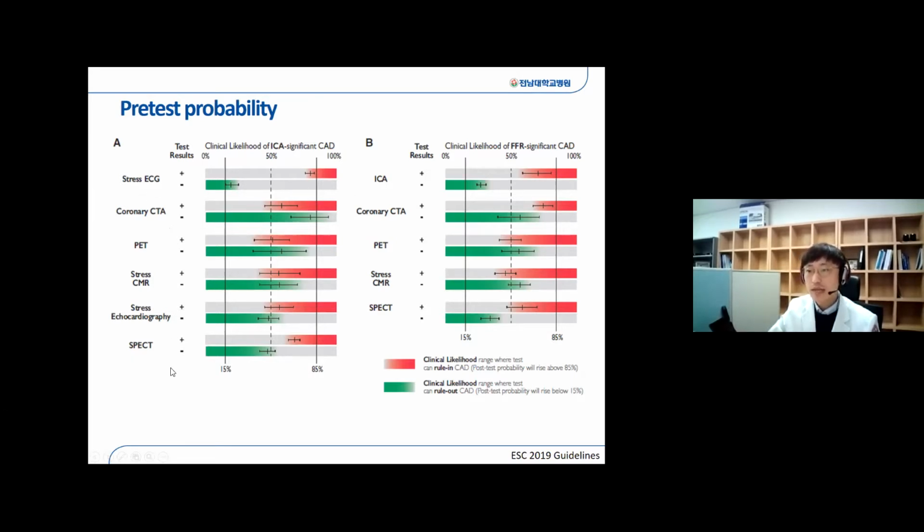And you can see that SPECT has a very high positive predictive value. So if SPECT is abnormal, invasive coronary angiography and PCI should be considered. And coronary CTA has an excellent negative predictive value, so it can be used to exclude the presence of coronary disease.